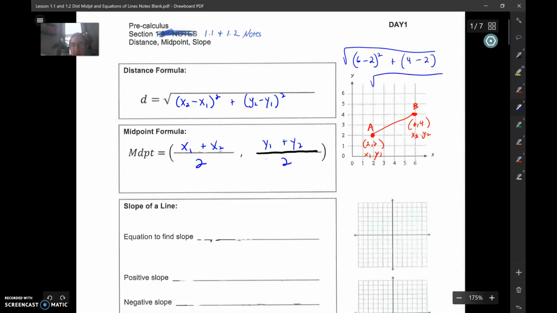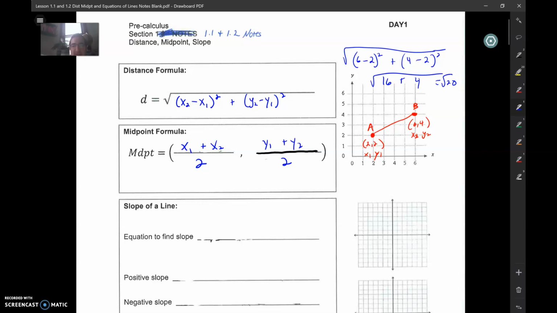So that is the square root of 6 minus 2 is 4, 4 squared is 16, and 4 minus 2 is 2, 2 squared is 4. So the answer to this is the square root of 20. That is the distance between those 2 points. The square root of 20 is somewhere between 4 and 5, right? So you could leave it as root 20 or you could change it to a decimal.